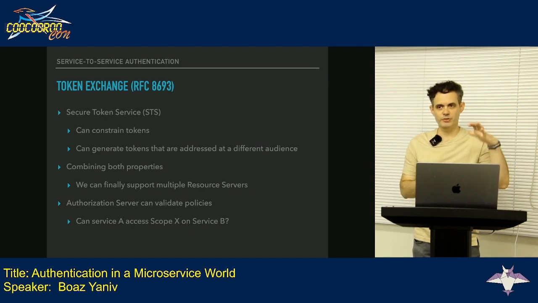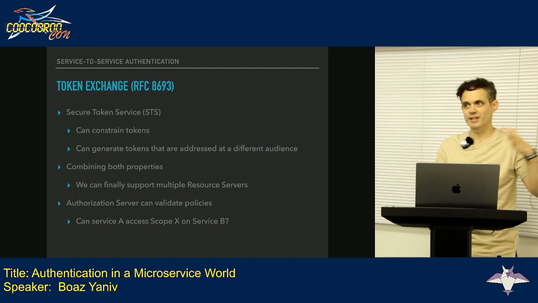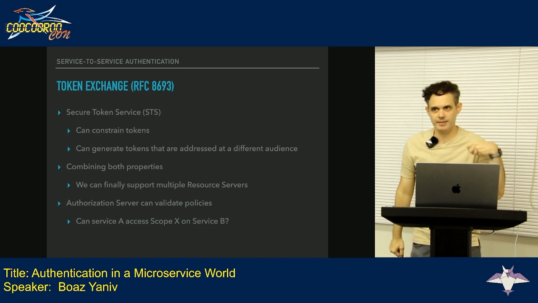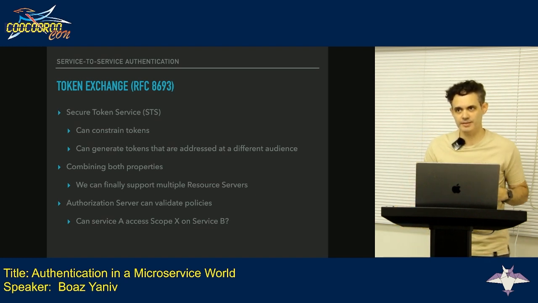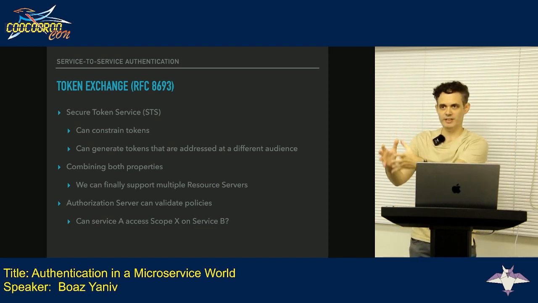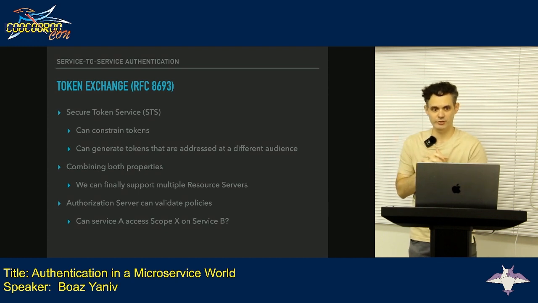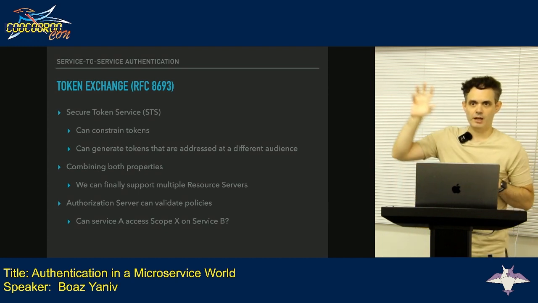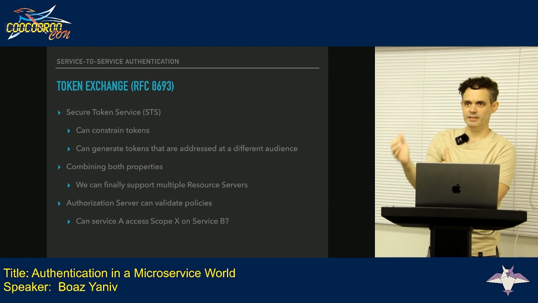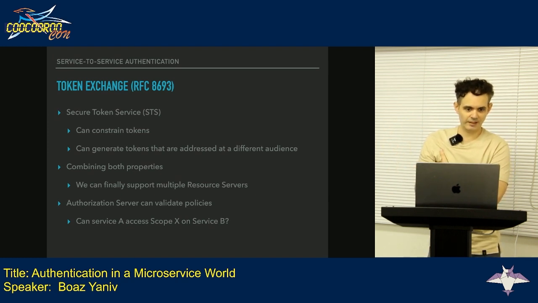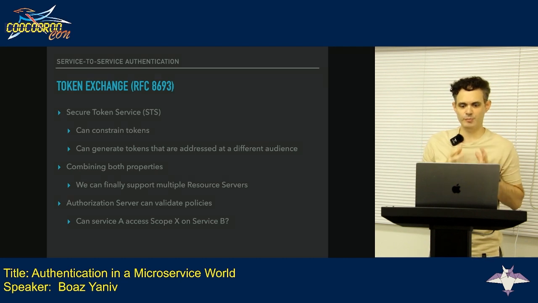You say, I want a token for another audience. I am service A. This is my access token. This is the authentication proof that I am service A. I want an access token that I can use to call service B. And with this approach, we can implement service-to-service communication.